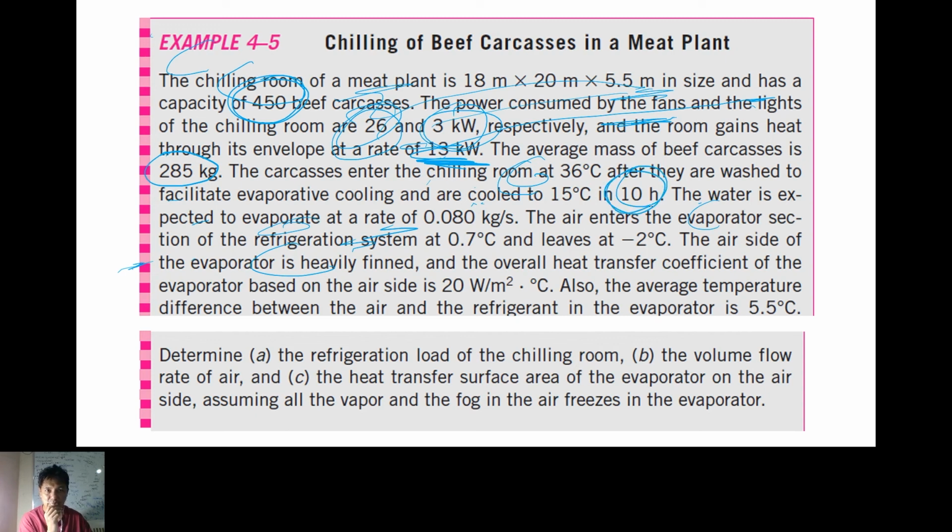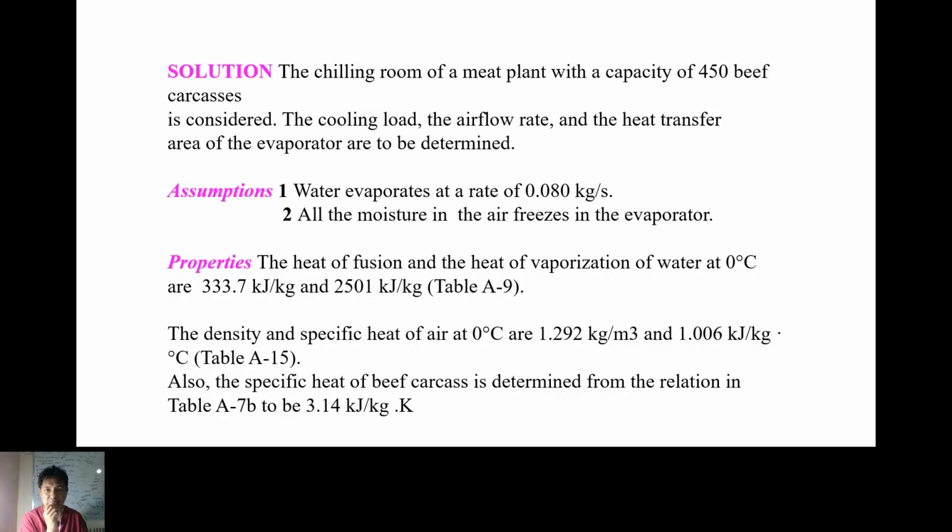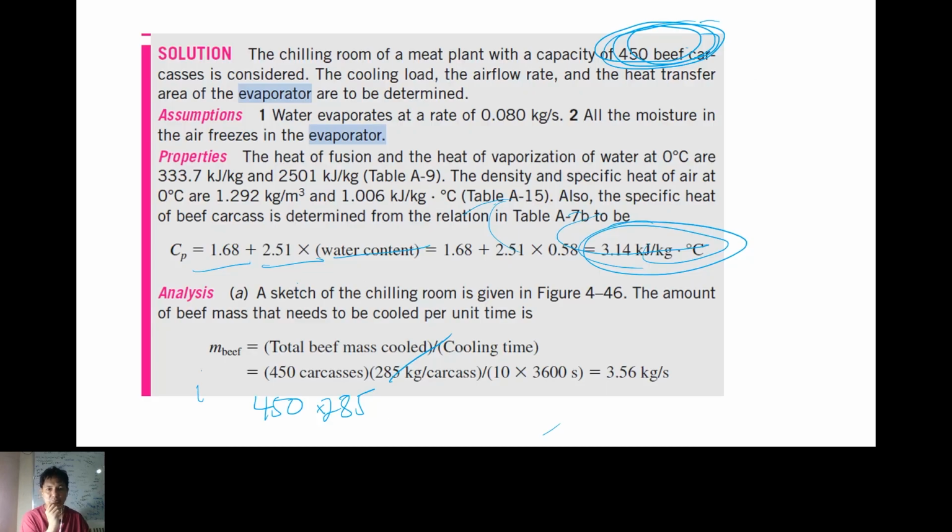After they wash the cows, they need to be cooled to 15 degrees centigrade from the room temperature of 36 degrees centigrade, in 10 hours. So divide by 10 hours.